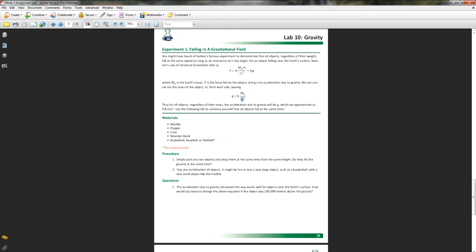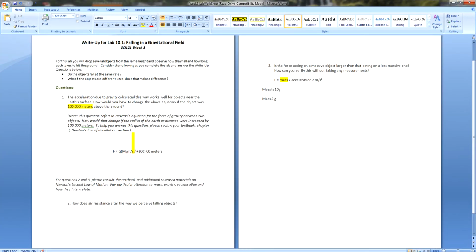That is the distance above the ground of the object. So the question is asking you, if you increase this distance by 100 meters above the ground, what will happen to the equation? How will the equation change?